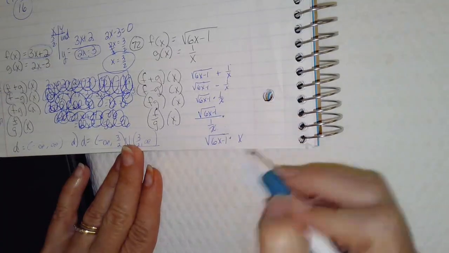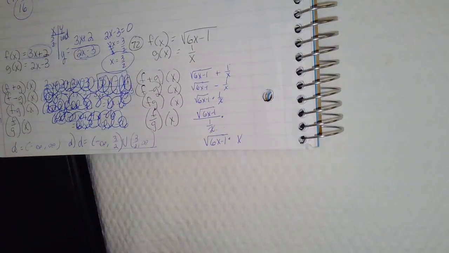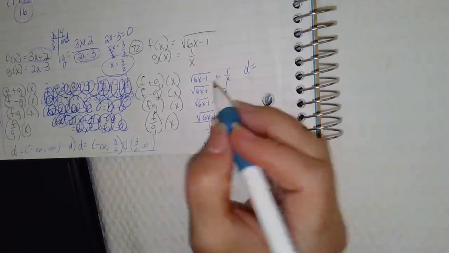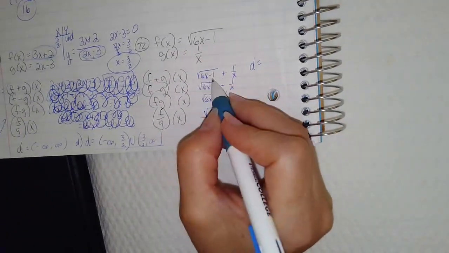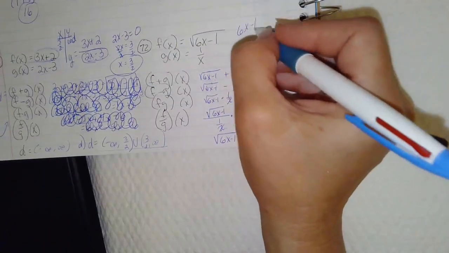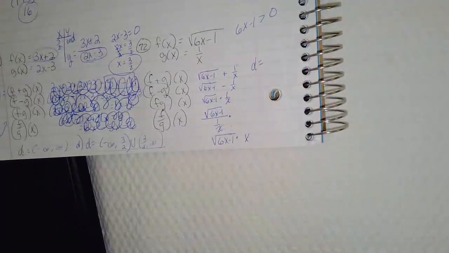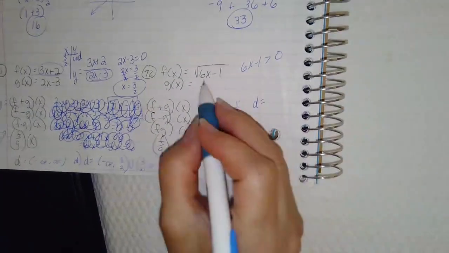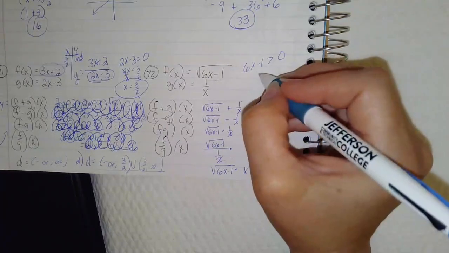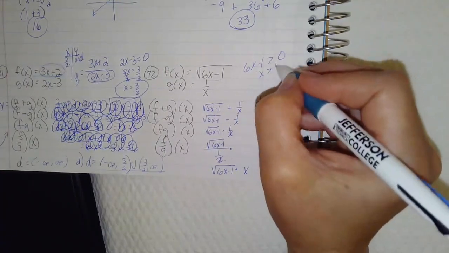The hard part on this one is what's the domain of these? They've got 2 problems. For one thing, we can't have anything that's going to make this negative, so the 6x minus 1 needs to be greater than or equal to 0. So whatever's under this radical has to stay nonnegative. So we can solve this and we get x has to be greater than or equal to 1/6.